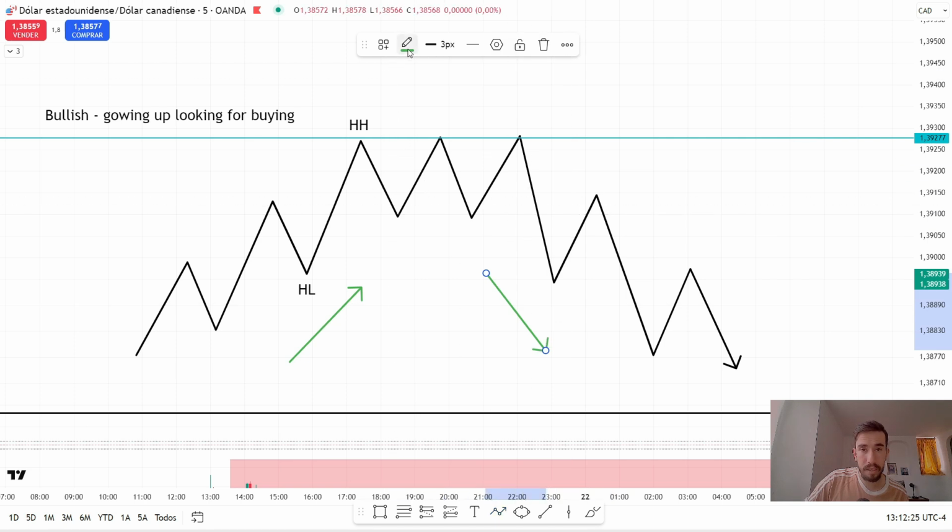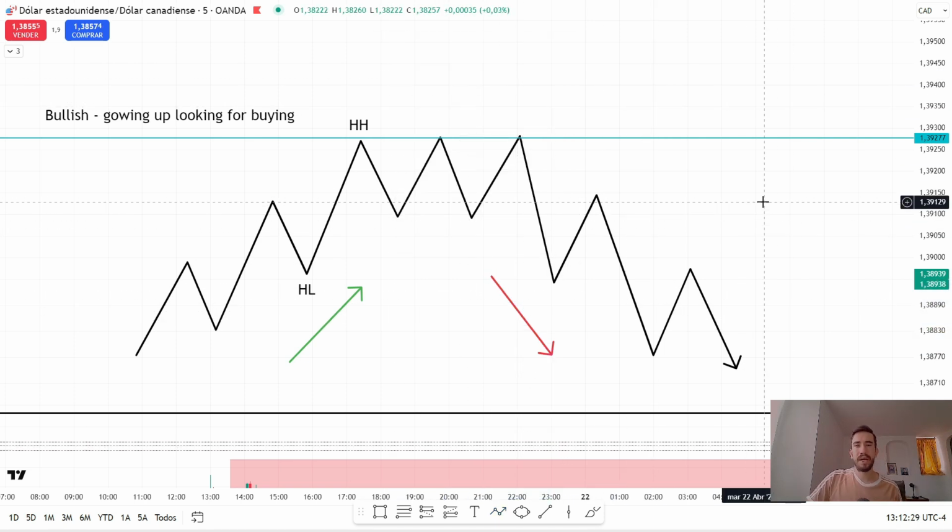It's not guaranteed, it's possible, but it's the first sign or the first clue that you might have to anticipate a possible change of structure.